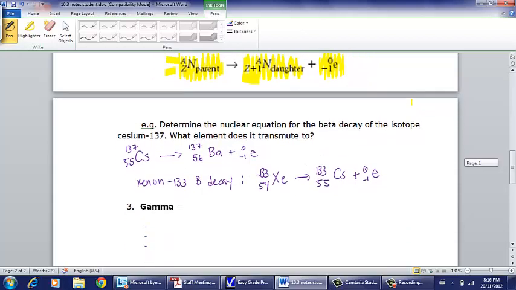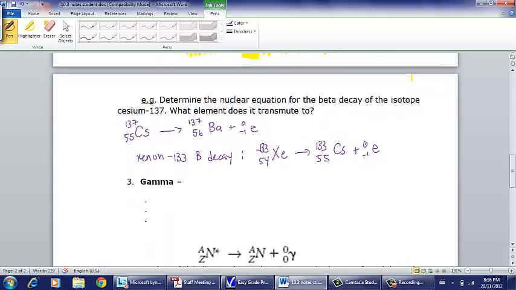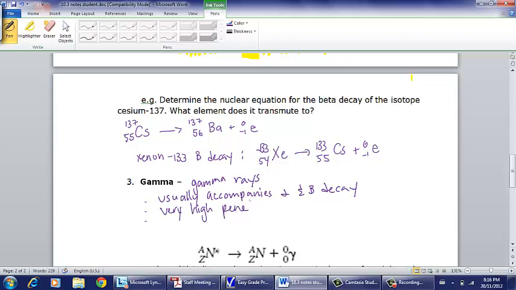Third type of radiation is gamma, and this releases gamma rays. It usually accompanies beta decay and alpha decay. Of the three, it has the highest penetrating power, so I'm going to write very high penetrating power.